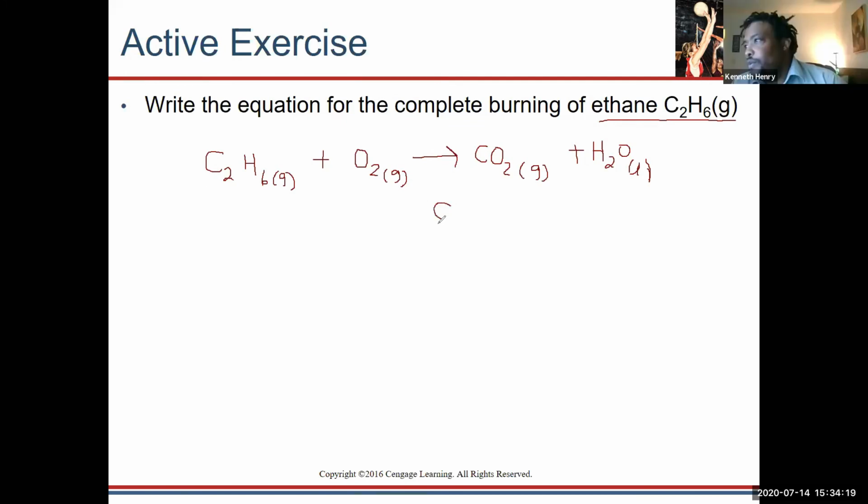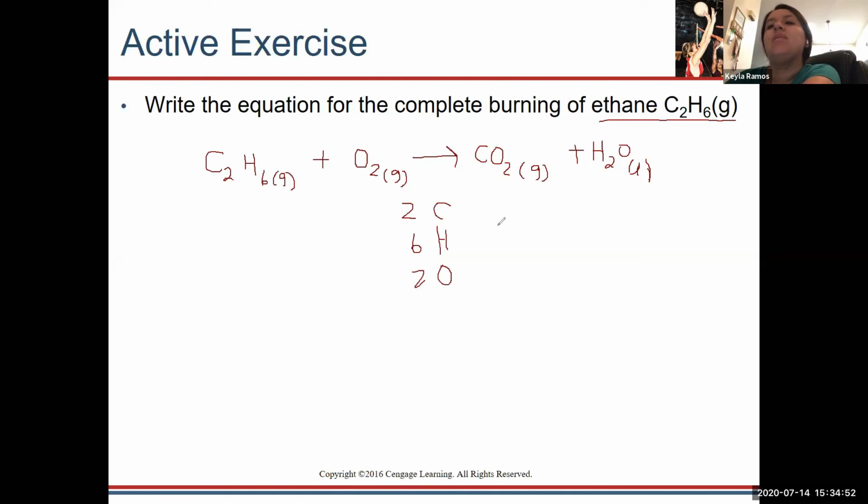On the reactant side, we have 2 carbons, 6 hydrogens, and 2 oxygens. On the other side, 1 carbon, 2 hydrogens, and 3 oxygens. Is it balanced?